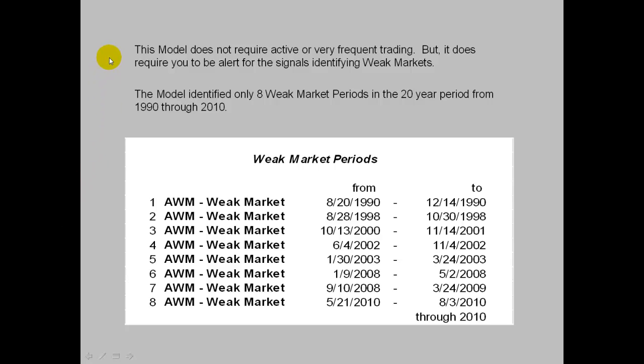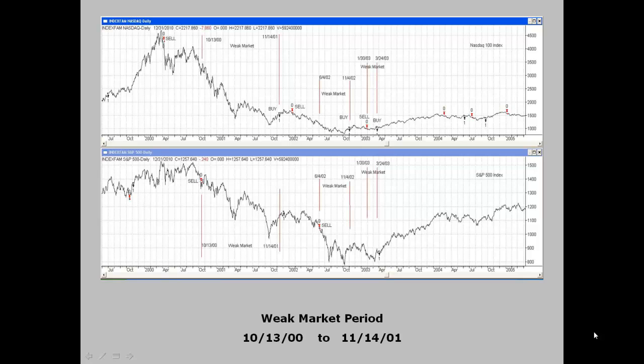This model does not require active or very frequent trading, but it does require you to be alert for the signals identifying weak markets. The model identified only 8 weak market periods in the 20-year period from 1990 through 2010. And this is a list of those 8 weak market periods that it has identified from 1990 through 2010.